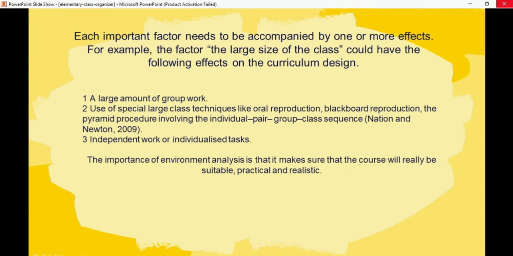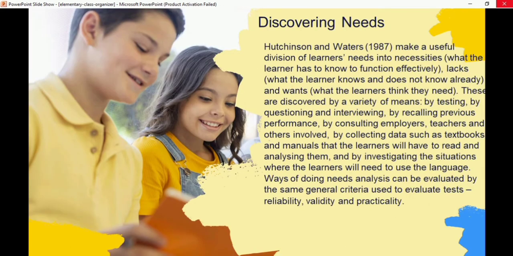The importance of environment analysis is that it makes sure that the course will really be suitable, practical, and realistic. The next, discovering needs. Hutchinson and Waters make a useful division of learners' needs into necessities, what the learner has to know to function effectively, lacks, what the learner knows and does not know already, and wants, what the learner thinks they need.